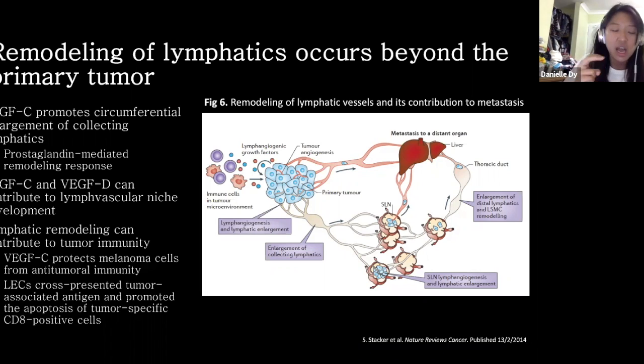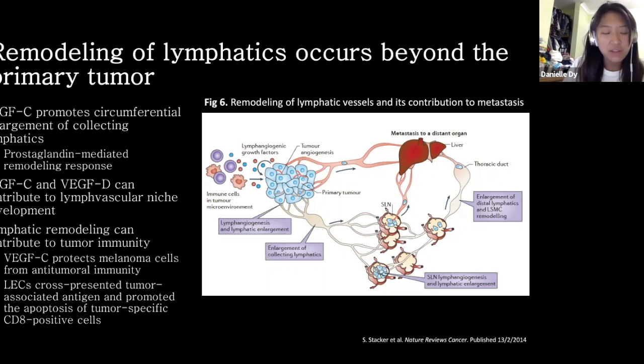And as a result, that allows them to have a special categorization of being an APC. So when we talk about VEGF-C, that ligand again being associated with these LECs, VEGF-C has this weird characteristic that they found: it's actually able to protect melanoma cells from anti-tumoral immunity. So it's not recognizing it as a foreign invader per se.